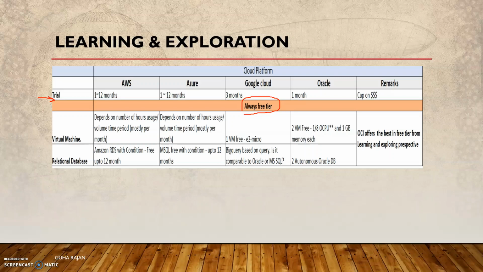We know that 80 to 90% of the commercial applications are still on Oracle relational databases. So they offered their latest autonomous database, which is on 19C. You can provision two autonomous databases, whether transactional or a data warehouse database, on the Oracle Cloud instance.